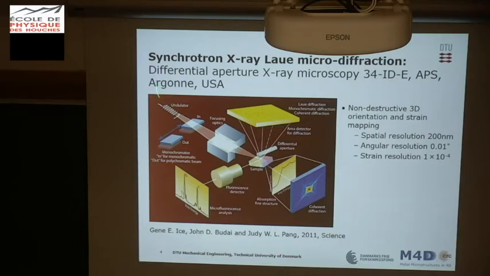This is a white beam, and with the detector we get a Laue diffraction pattern and then index the crystallographic orientations. Nowadays with this technique, we can have a spatial resolution of about 200 nanometers, an angular resolution of 0.01 degree, quite typical, and a strain resolution of 10 to the minus 4.